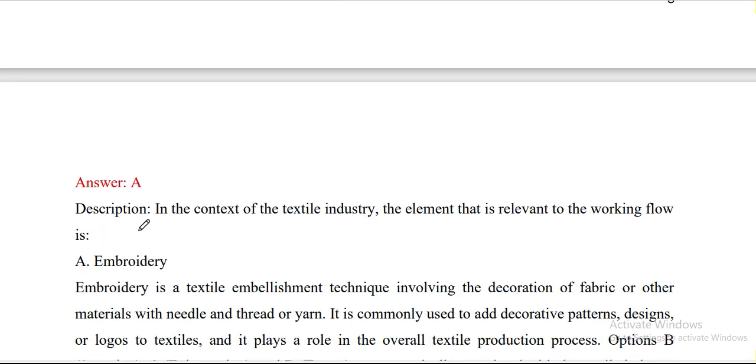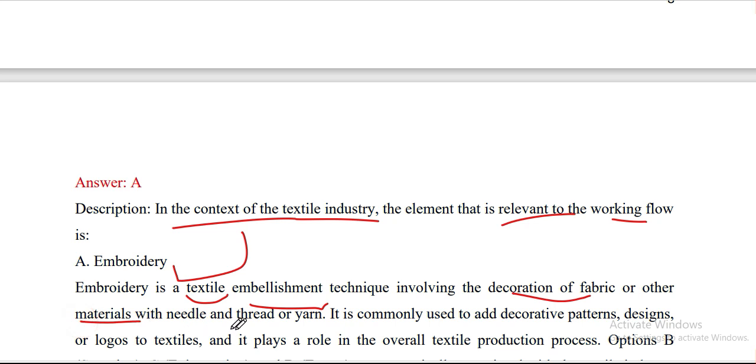Embroidery: in this context, the textile industry, the element that is relevant to the working flow is embroidery, a textile embellishment technique involving the decoration of fabric or other material with needle and thread or yarn.